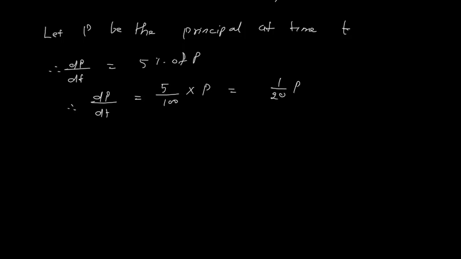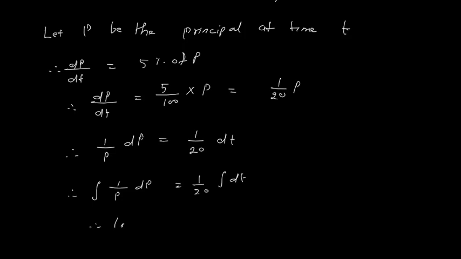So 1 upon 20 P. Therefore 1 upon P dP is equal to 1 upon 20 dt. Therefore integration of 1 upon P dP is equal to 1 upon 20 integration of dt.